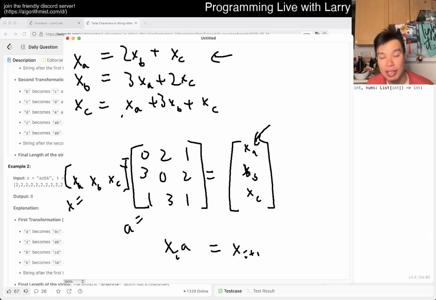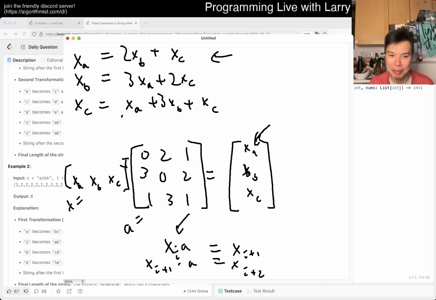But now what happens if you want to do two transformations? Well, you know what happens after one transformation, which is this. And then another transformation is just this multiplied by A again, right? So after two transformations, it's this, right? You could also do it with substitution if you like: x of I plus 1 times A is equal to x of I plus 2, right?